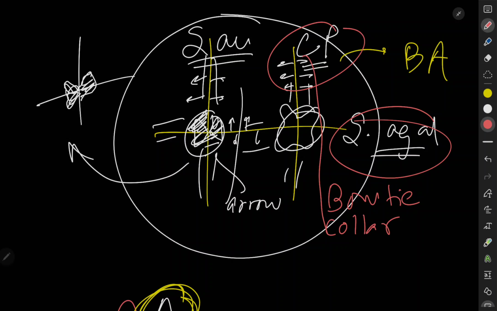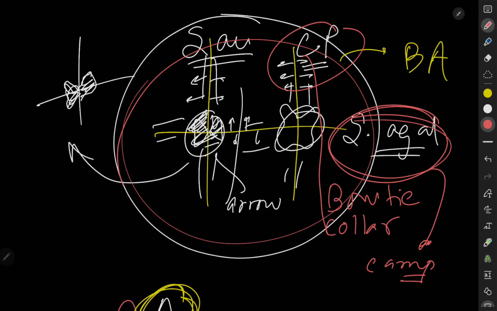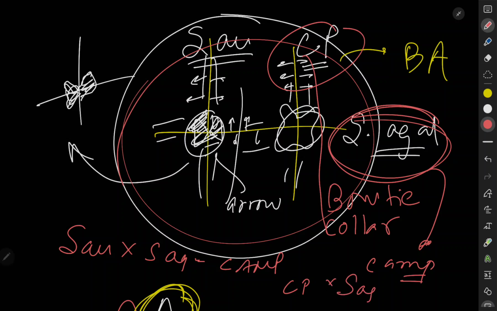Since this test involves S. agalactiae, whose factor is CAMP, that is why this is named the CAMP test. So basically, S. aureus with S. agalactiae is the proper CAMP test, while Clostridium perfringens cross S. agalactiae is the reverse CAMP test. That is all.